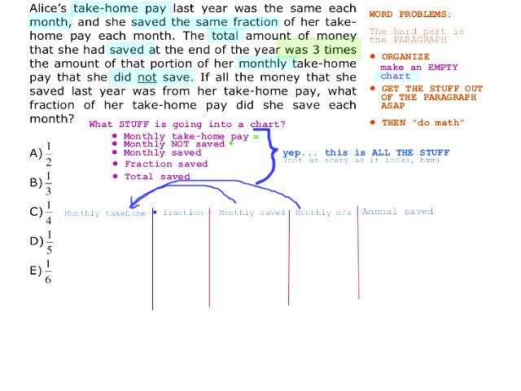If you take monthly not saved, then you multiply it by 3, then you get annual saved. And there. That gives you that.